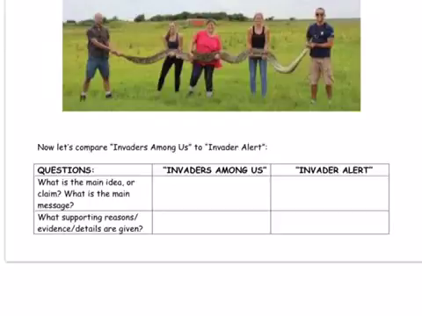And if you read it, you will see that the author's purpose in Invaders Among Us is to inform, and the author's purpose in Invader Alert is to persuade. And that is the first thing mentioned in the thesis statement at the end of the intro paragraph.